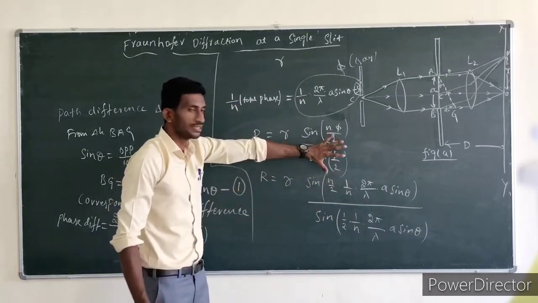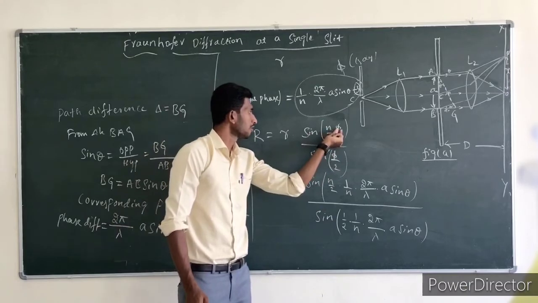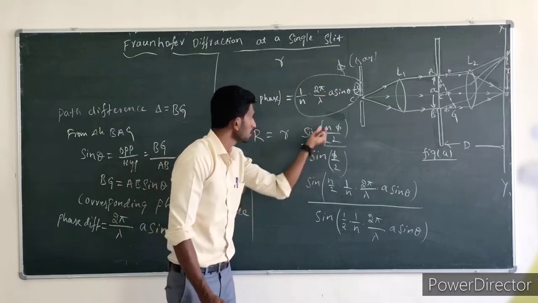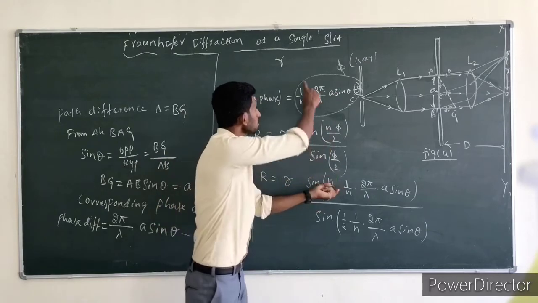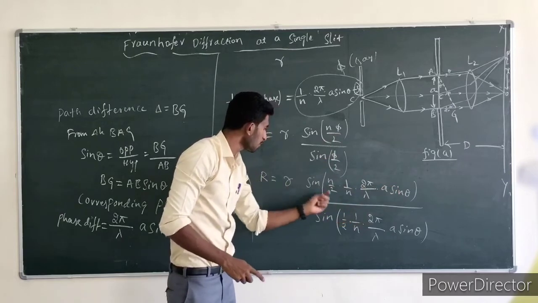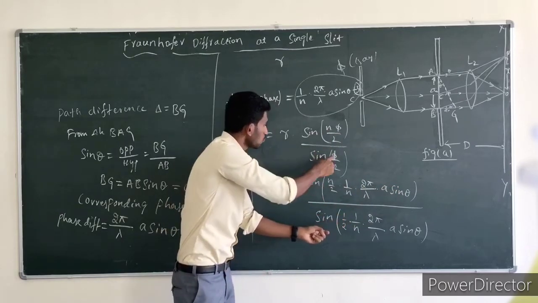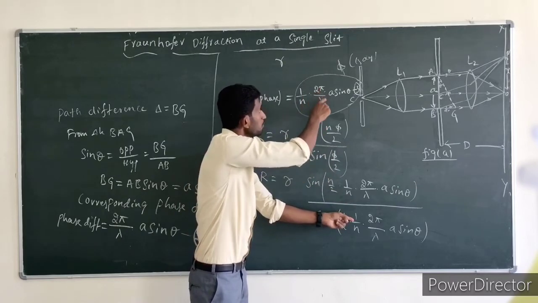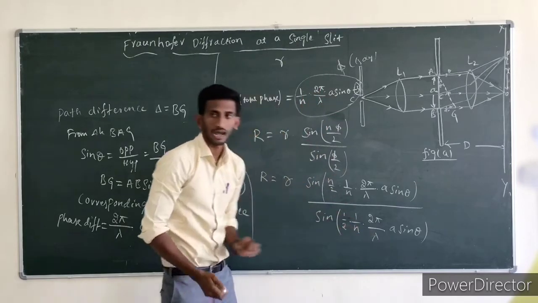Okay, in this equation I just replace this phi value. Sin n phi by 2 as it is, phi is nothing but 1 by n into 2 pi by lambda into a sin theta, divided by sin, I will write this 1 by 2 as it is, phi is nothing but 1 by n into 2 pi by lambda into a sin theta.